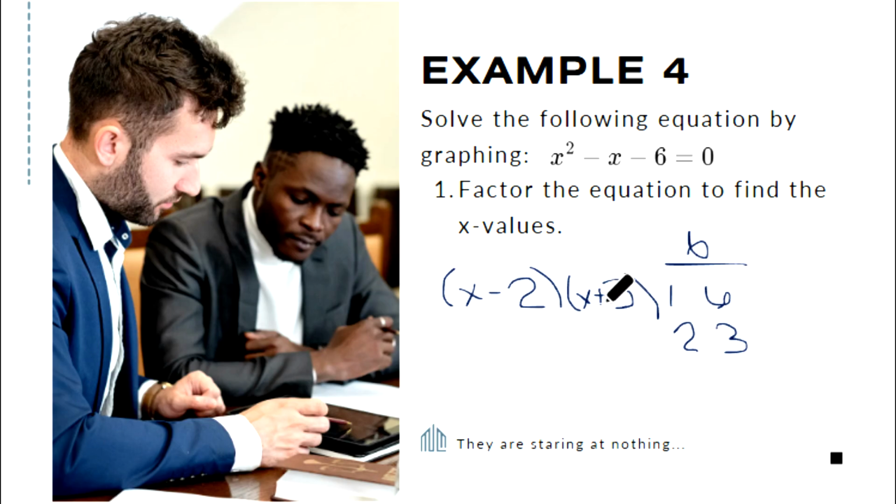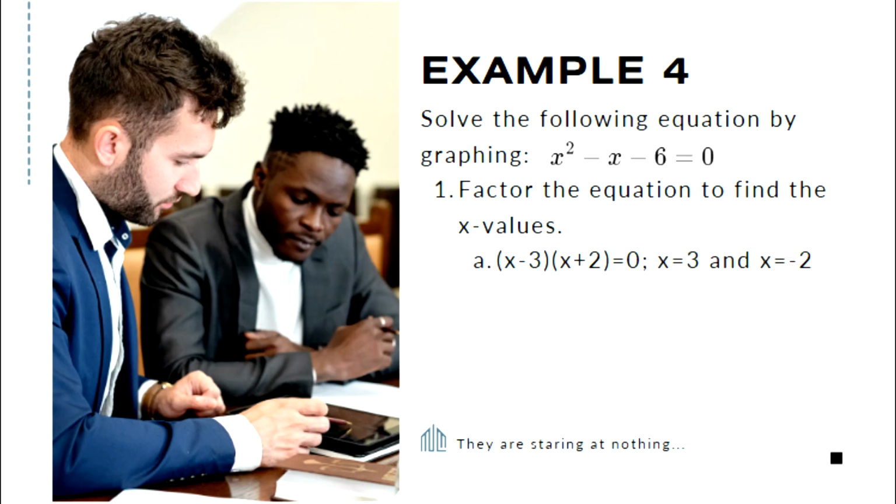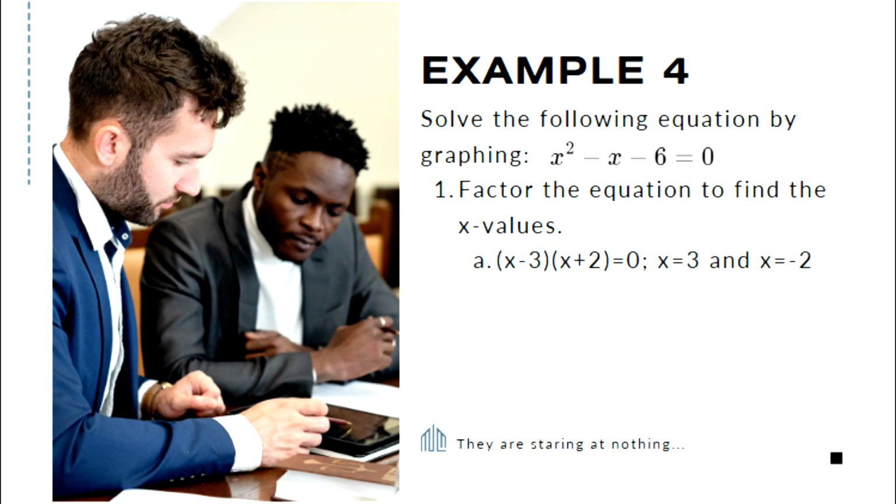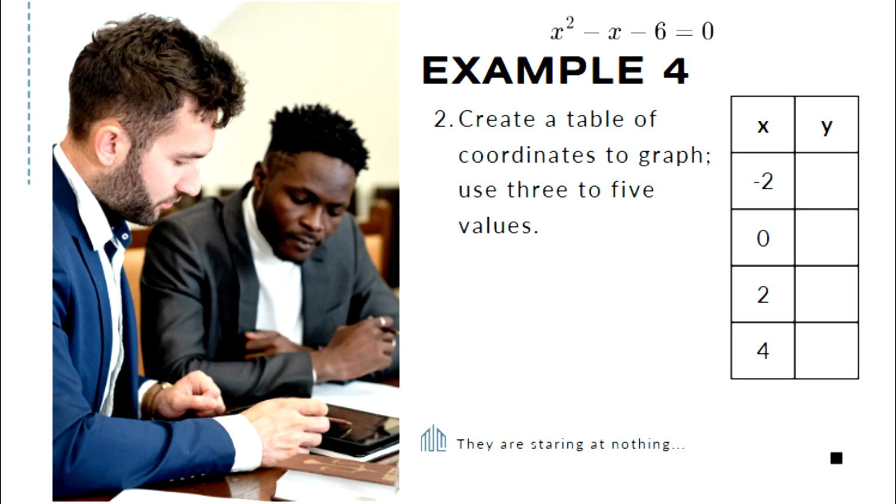Let's make this one a positive 3 and try that. So x squared, 3x, 2x. Let's see what they did. See, factoring is tough for me. Negative 3, positive 2. Oh, I just needed to put the 3 over here. Okay. So anyway, our values are x equals 3 and x equals negative 2.